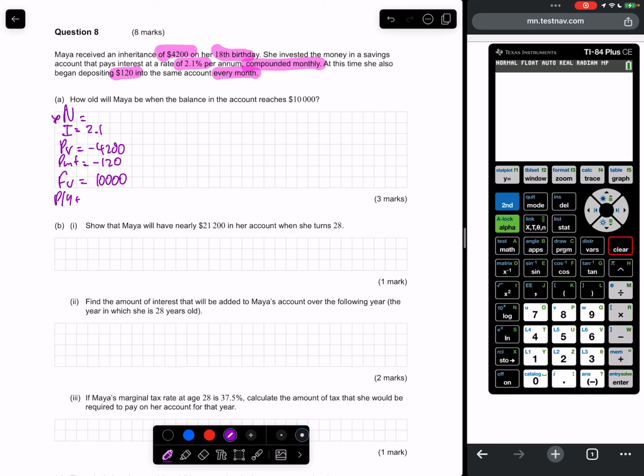PY and CY are both 12. So, apps, finance, TVM, 2.1. We don't know N, so leave it. 2.1, negative 4,200, negative 120. We want it to reach 10,000. It's happening monthly.